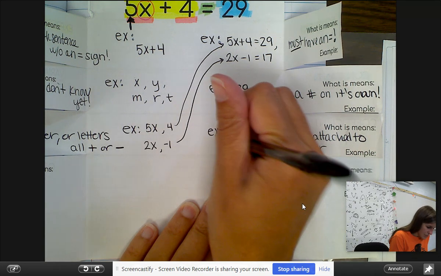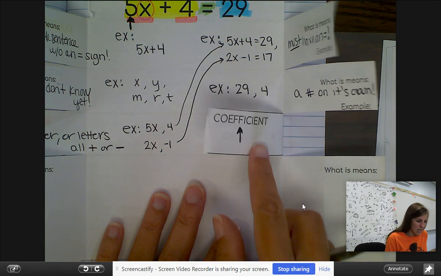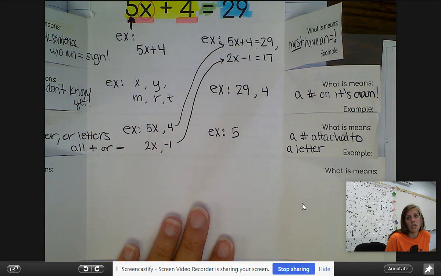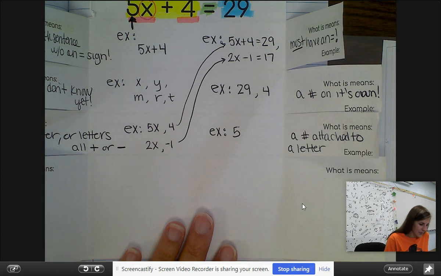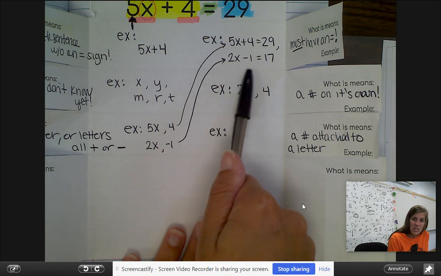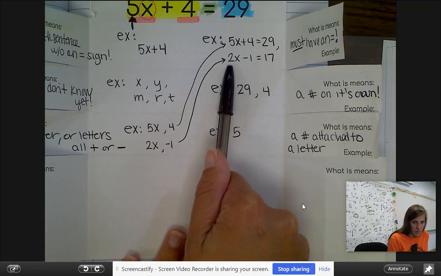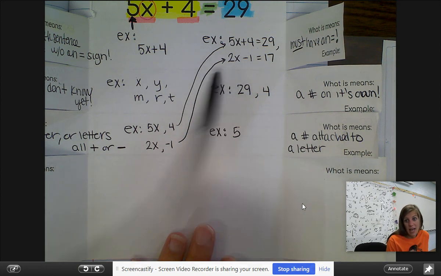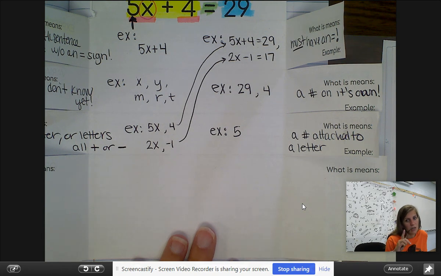So in our example up here, our coefficient is 5, and that's the only one because it's the only number attached to a letter. If I look at this example up here, I do have one coefficient as well, and it would be 2. If you ever have a letter without a number in front of it, your low-key coefficient is 1.